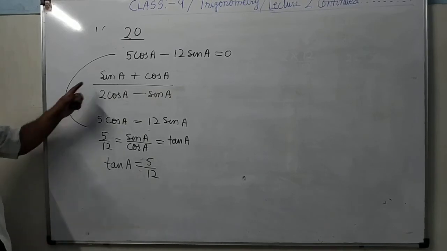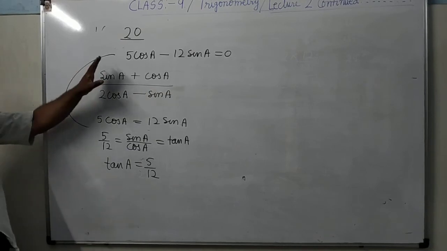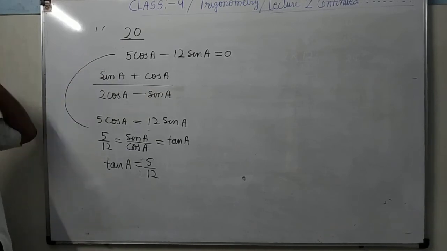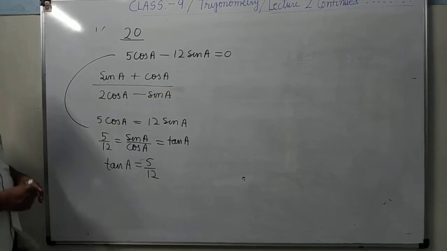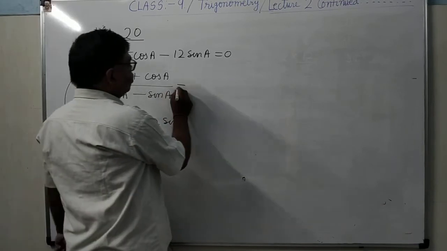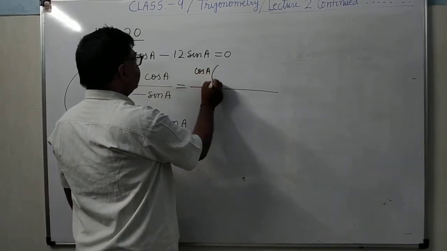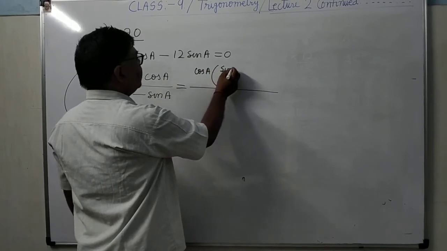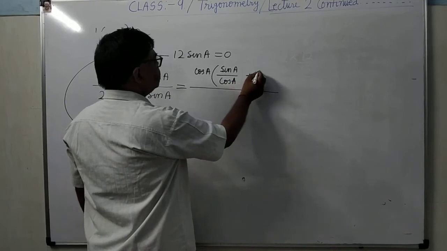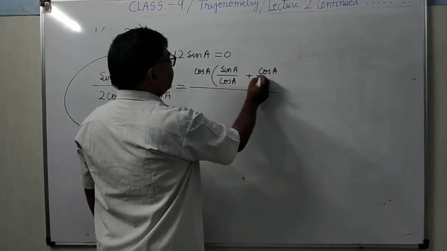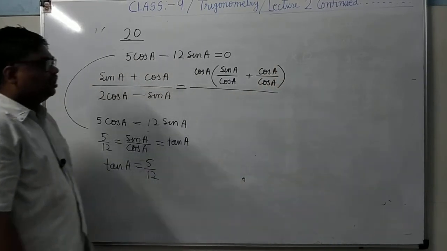Now listen here. What will you do here? If you see, this trigonometrical expression contains terms of sin and cos only. In the numerator you take out cos A common. When you take out cos A common, what will you get in the bracket? You will get sin A upon cos A plus cos A upon cos A. It's clear?